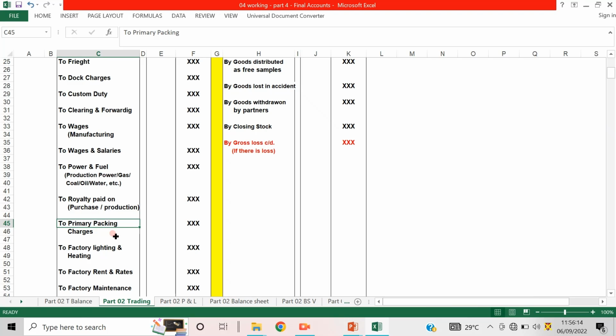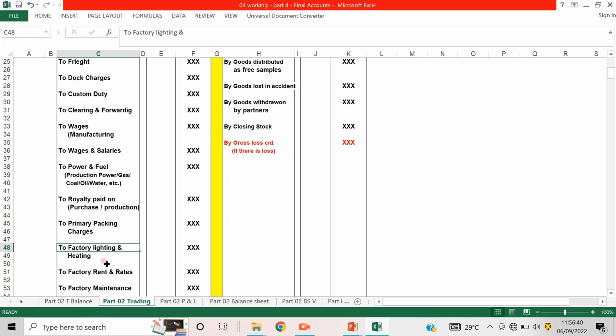Whereas so many packets put in a container or carton box, and other such charges, are expenditure not directly related to the primary manufacturing. So that will go to the profit and loss account, whereas direct expenditure is taken into the trading account.